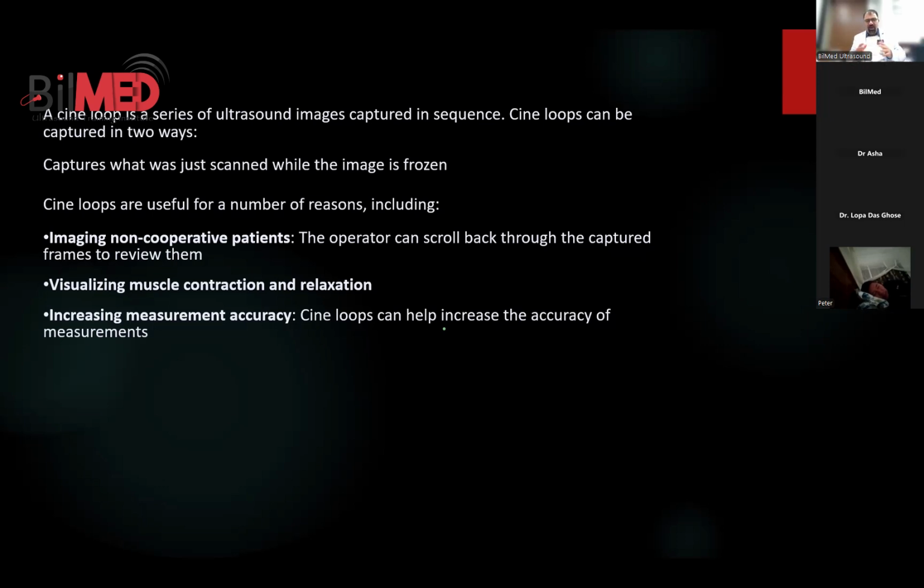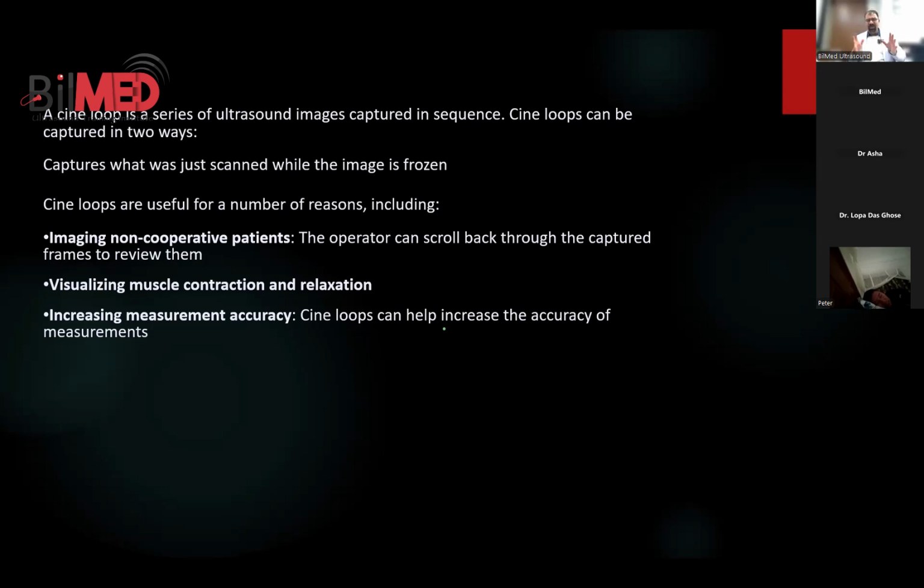Number two, if there is a muscle contraction, for example, you are doing a biophysical score of the uterus. I'm repeating, biophysical score of the uterus. When you complete the infertility course, you will come to know that there is a biophysical score of the uterus in which I have to see many things, plus a myometrial contraction.